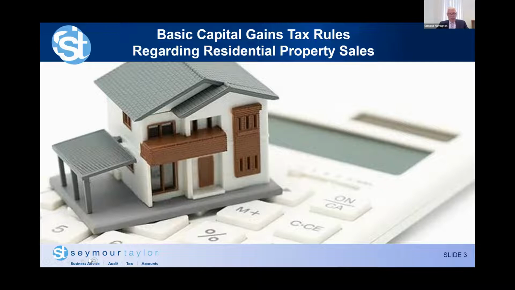Just to point out, if one doesn't qualify for the full exemption that I've mentioned earlier, the basic calculation for capital gains tax is what you sell the property for, less what you paid for it. You will be able to take account of costs associated with the acquisition. Typically, they could be legal fees and stamp duty. They're the two main ones.